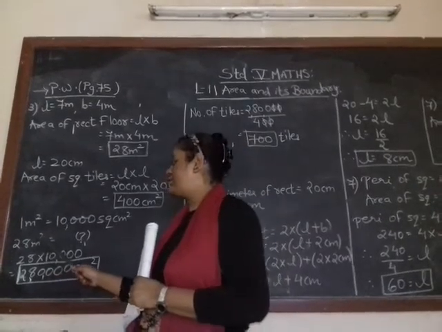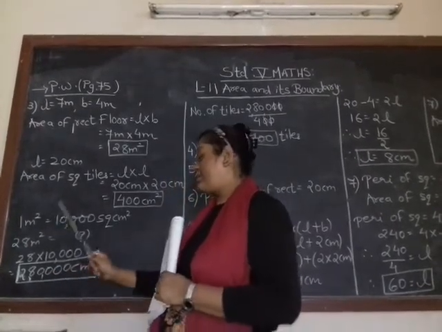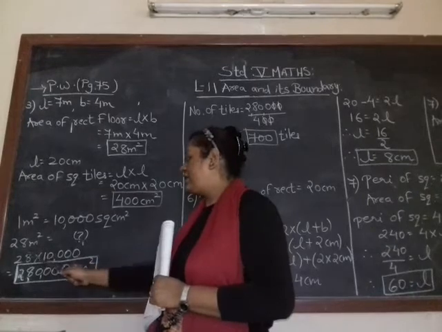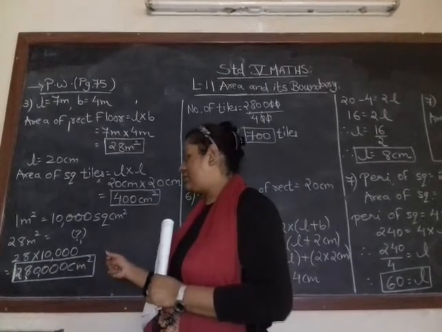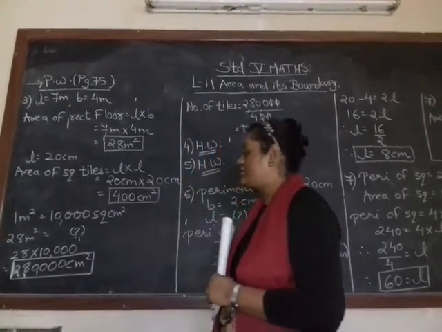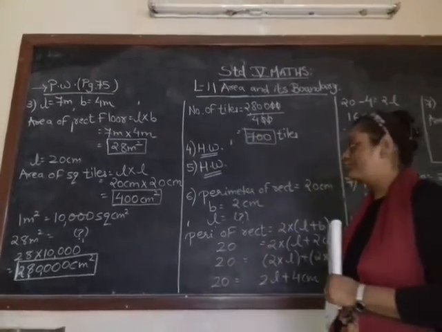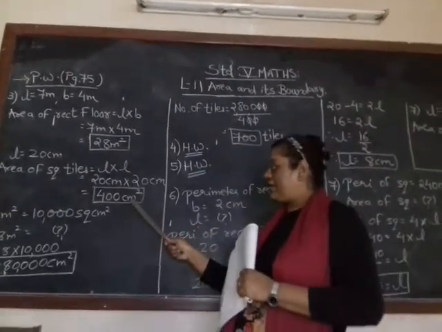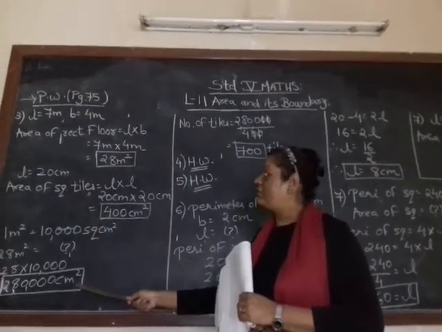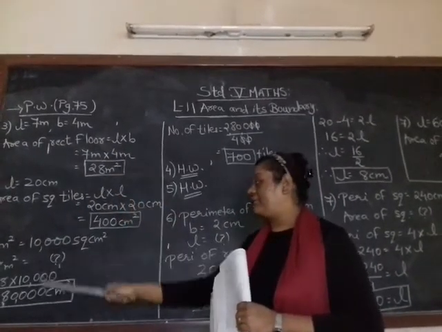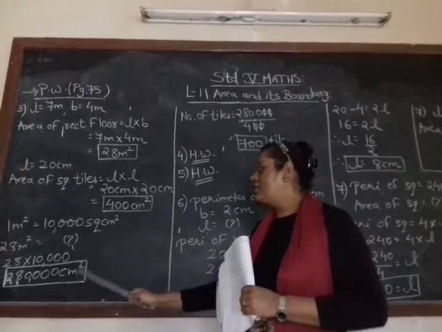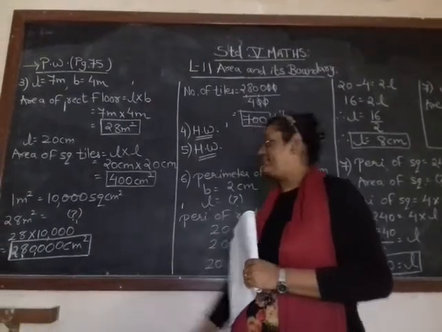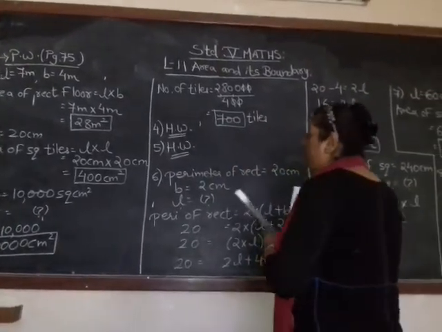So 28 meter raised to 2 or square meter will be how much? 28 will be multiplied with 10,000. So answer is 2,80,000 centimeter raised to 2 or square centimeter. Now you can check it out. Area of tiles as well as area of rectangular floor, after converting into centimeter raised to 2, both the units are same. Now we want the number of tiles.